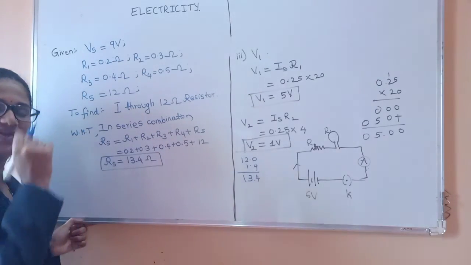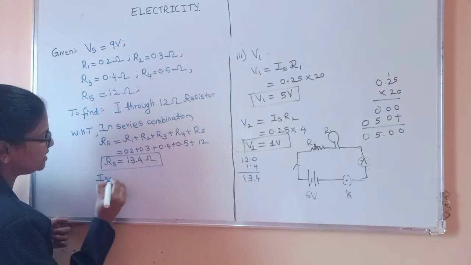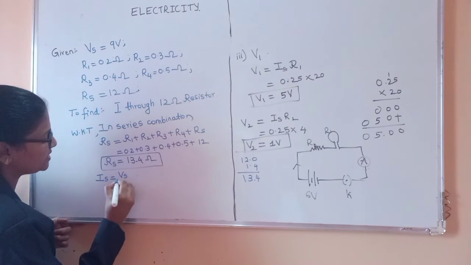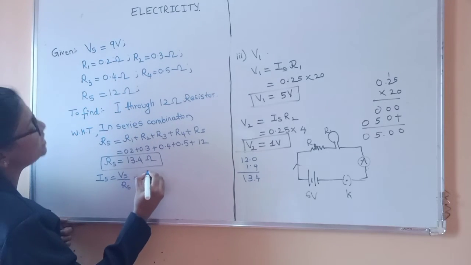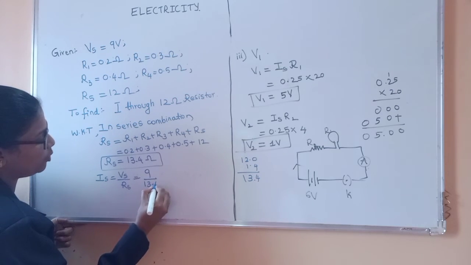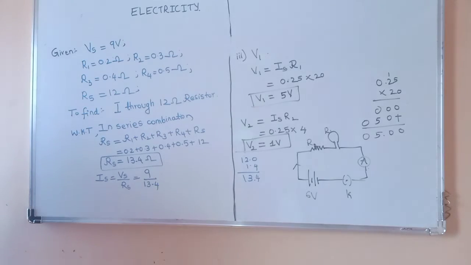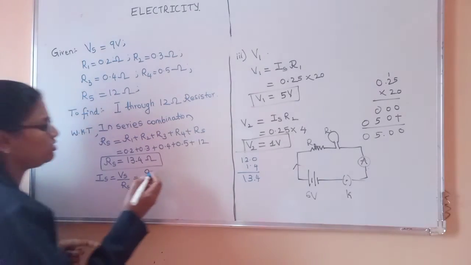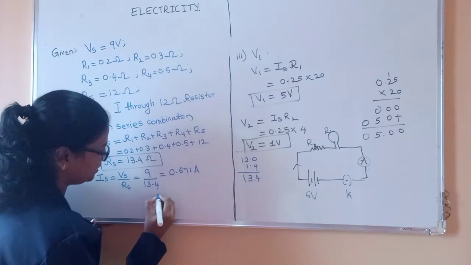So using this we can calculate current. We know that Is is equal to Vs divided by Rs. Vs is already given, so 9 by 13.4. When we solve this, we will get around 0.671 ampere.